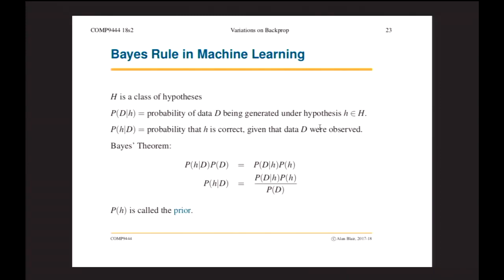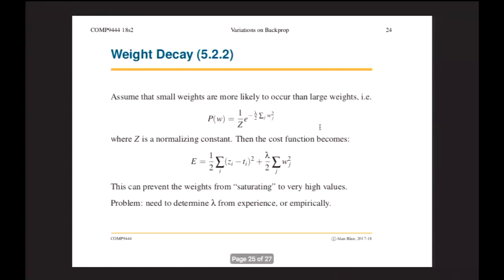With maximum likelihood, we just maximize that, but then the Bayesians come in and say, well, really what you want to do is maximize the probability of the hypothesis given the data, and to do that, you have to take into account the probability of the hypothesis as well. So some hypotheses may be a priori more likely than others before you even observe the data.